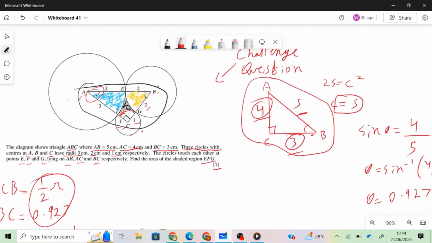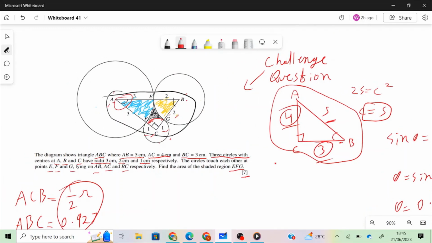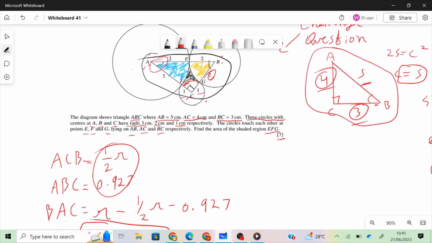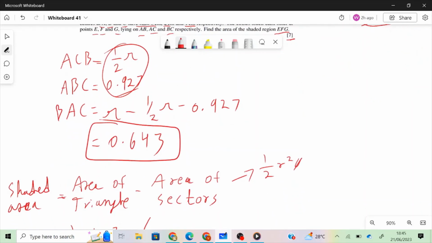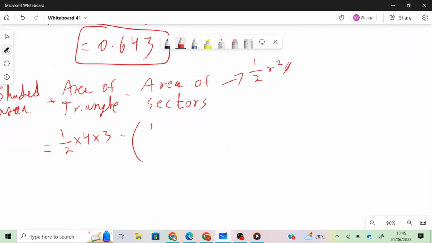So let's simply go by it one by one. Let's look at the first sector, the yellow one over here. So our r is 2 and our theta for that one, that's angle ABC, is 0.927. So we have half into 2 squared into 0.927 plus, let me just put this in brackets as well, helps to differentiate, plus our next sector.